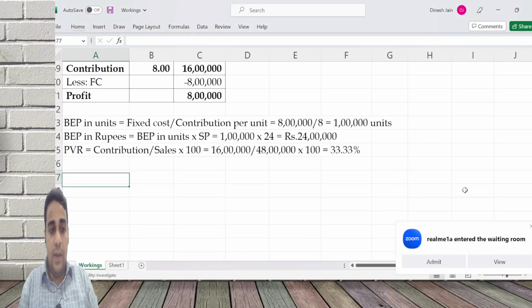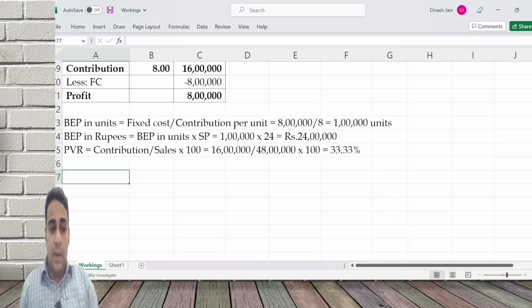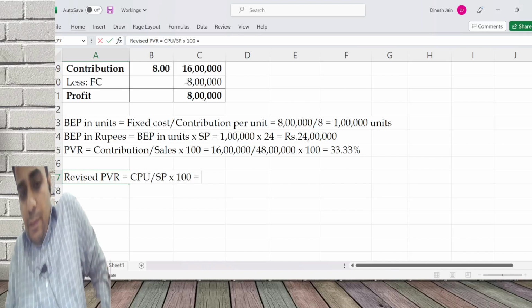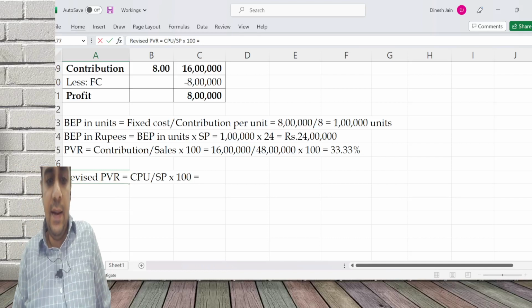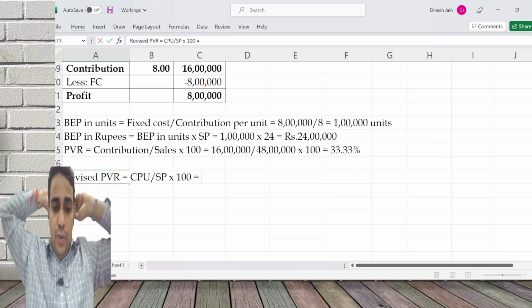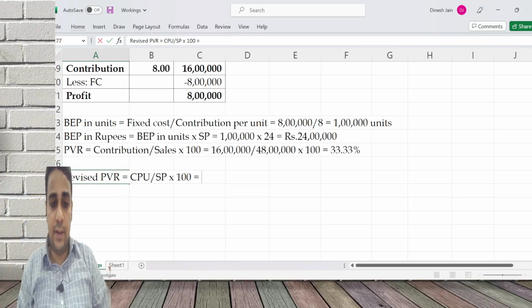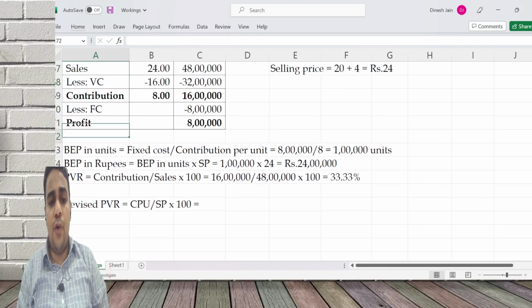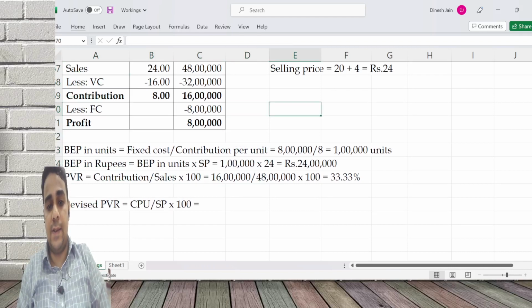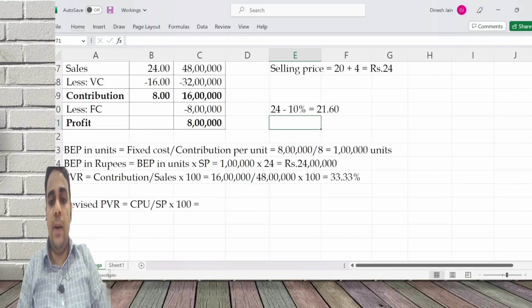Now, revised PVR is equal to contribution per unit by selling price into 100. The selling price reduces from 24 to 21.6.